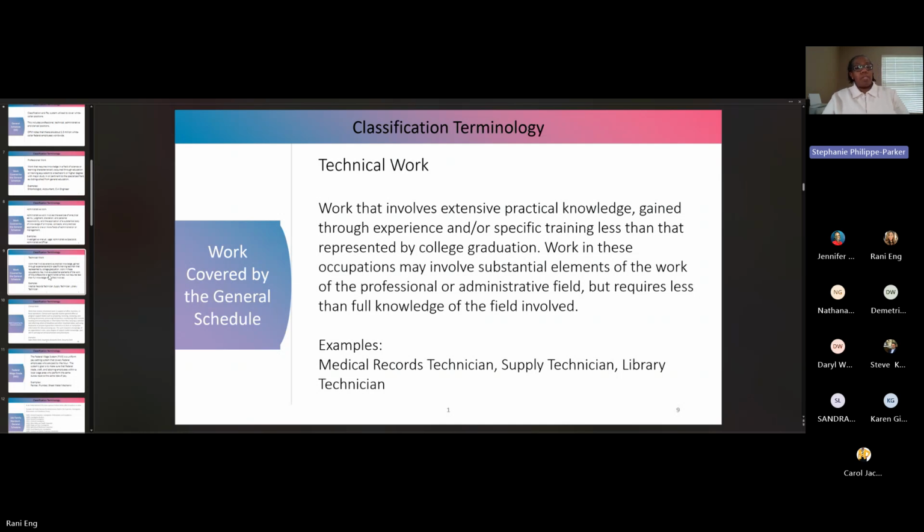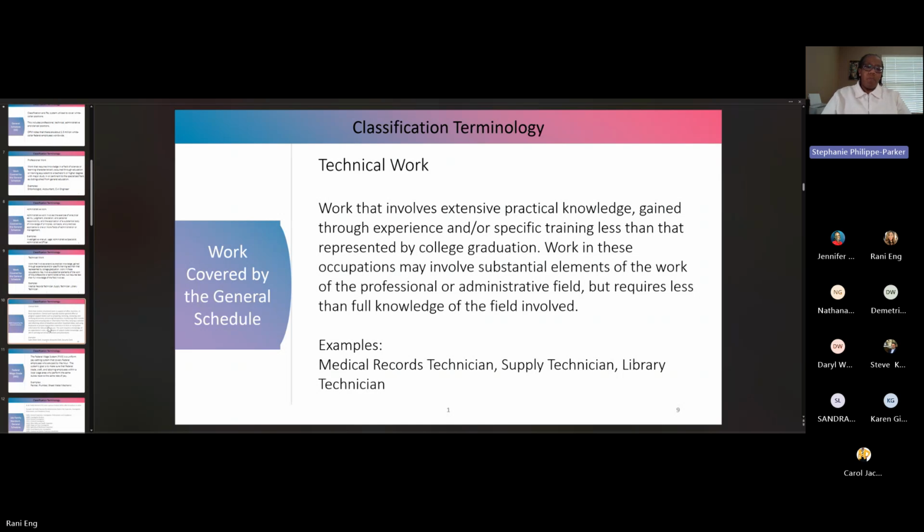Examples are medical records technician, supply technician, or library technician. These are quasi, maybe hybrid jobs where you may not have that specialized knowledge or degree, but you will have that specialized training, maybe equivalent to someone that has an associate's degree. Next slide, please.